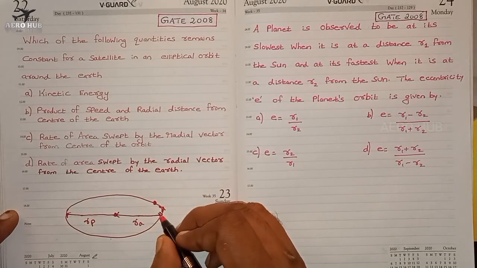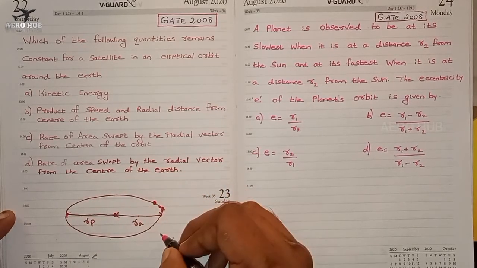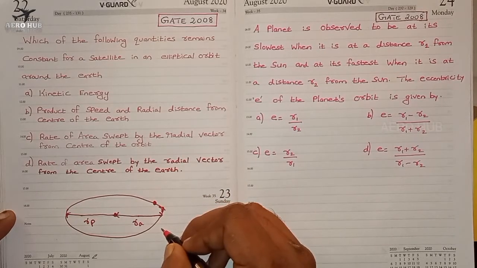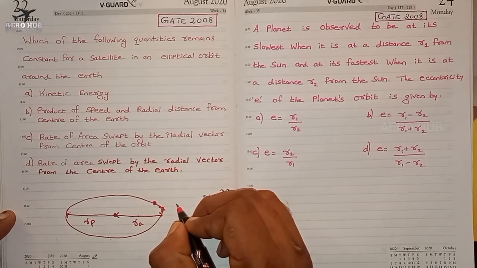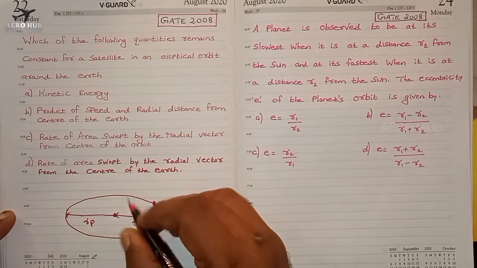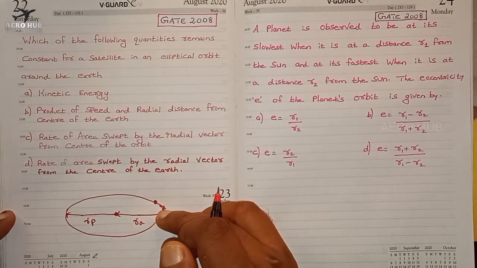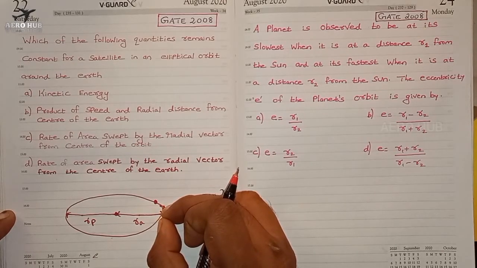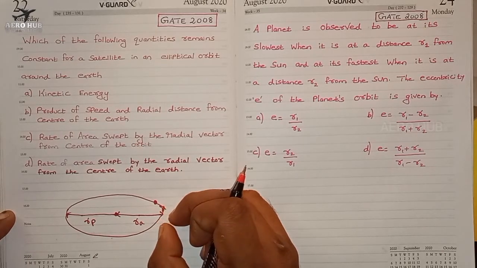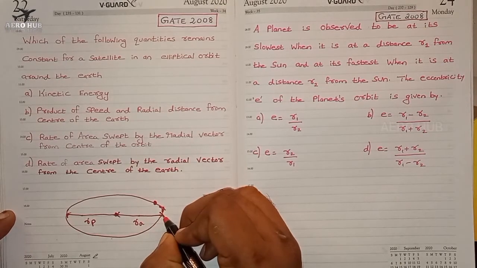You can see that this satellite will be operating in this orbit, and whenever the satellite is at the apogee, the satellite will have less speed, because the distance from the planet to the satellite is very high. That means the gravitational force of attraction will be very less, so the speed will be very less at the apogee.